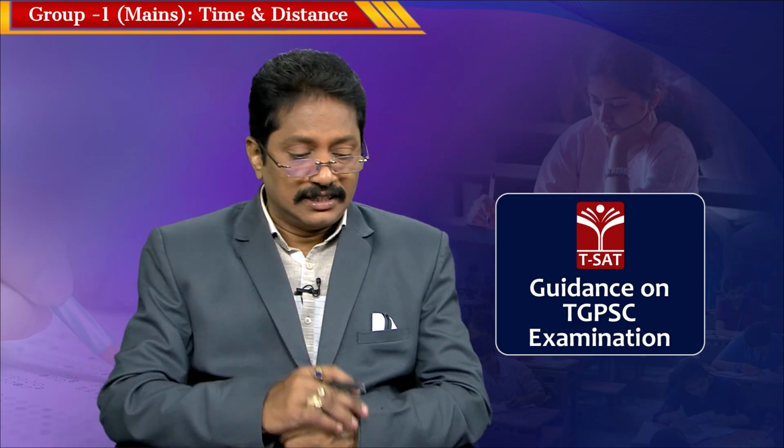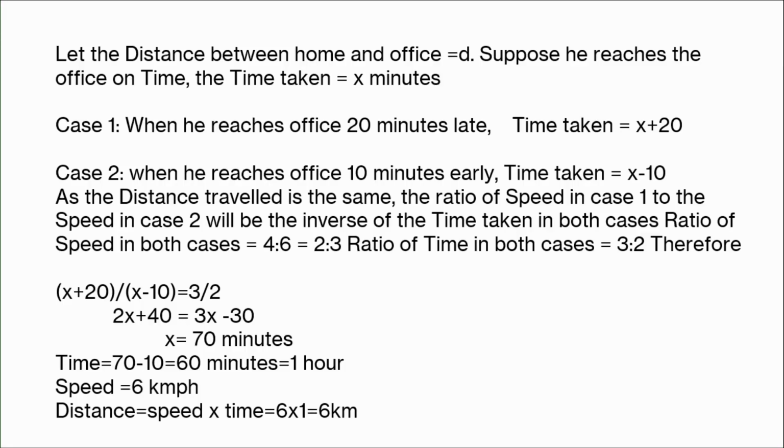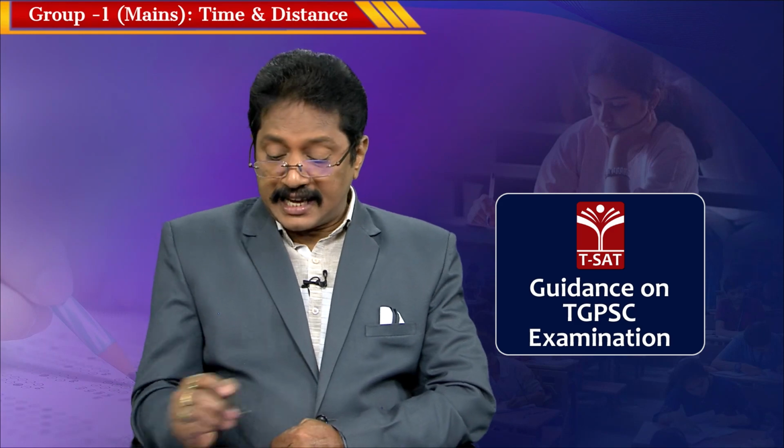Okay, now see the solution here. Actually, you know that the distance between his home and office is, say, d. Correct? Suppose he reaches the office on time, then the time taken by him is, say, x minutes.